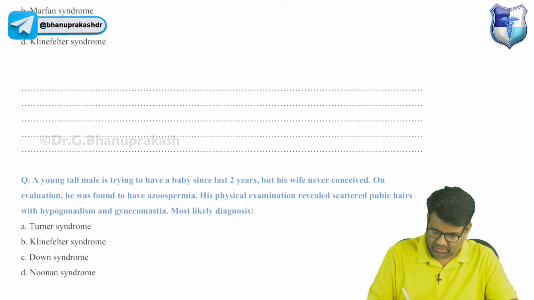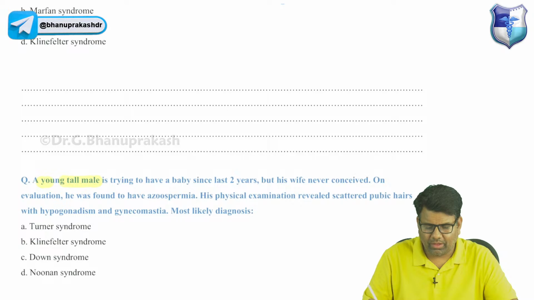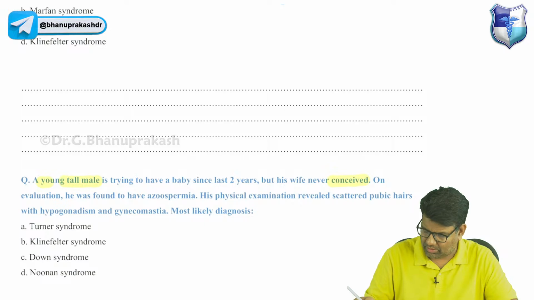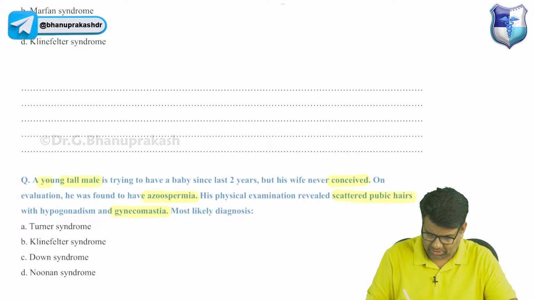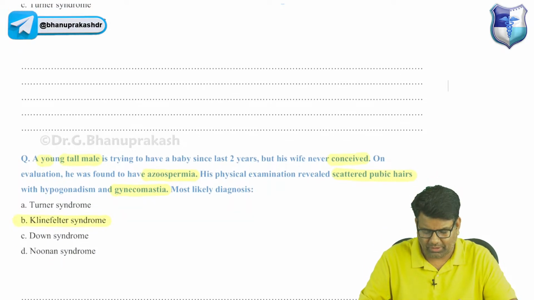Now, a young tall male is trying to have a baby for 2 years, but the wife cannot conceive. He is having azoospermia, then pubic hairs with gynecomastia. I think the diagnosis is quite obvious. This is a case of Klinefelter. Very good.